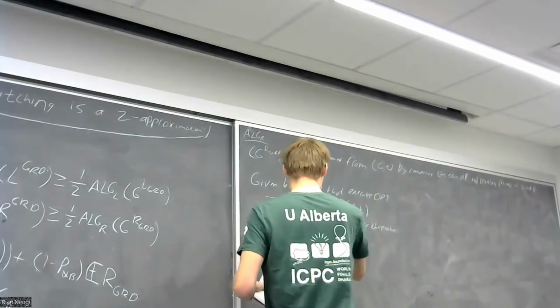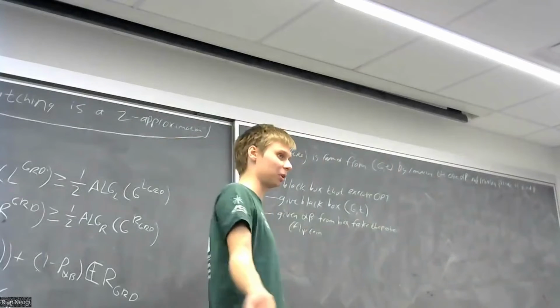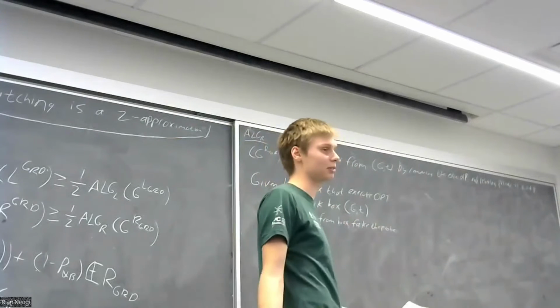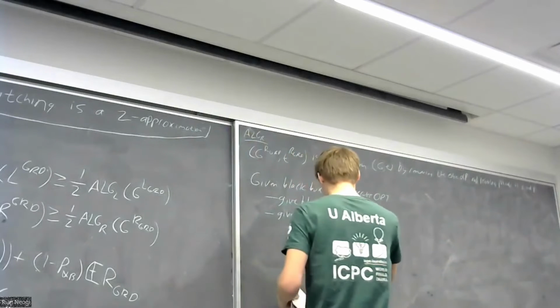What I mean by fake it is with probability p alpha beta, we tell it succeeded, and with probability 1 minus p alpha beta, we tell it it failed. We don't actually do anything.